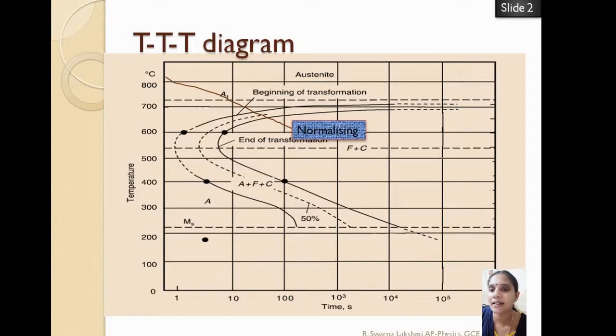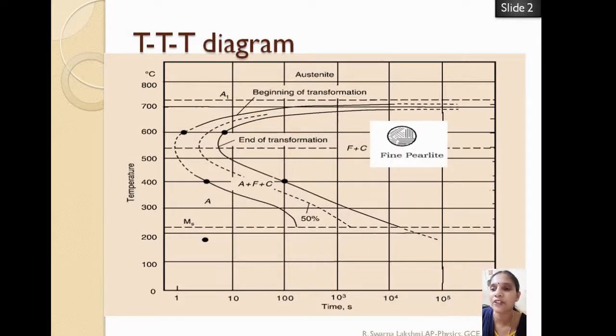Normalizing is quicker cooling, so you are cooling at a much more rapid rate than annealing. You can see that pearlitic transformation starts here and ends here, and normalizing results in formation of fine pearlite.